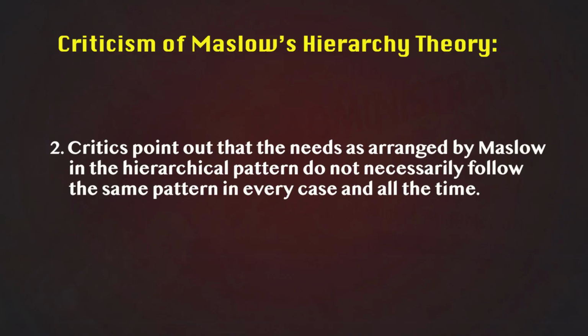Secondly, critics point out that the needs as arranged by Maslow in the hierarchical pattern do not necessarily follow the same pattern in every case and all the time. There is scope for deviation in the hierarchy of needs pattern prescribed by Maslow.